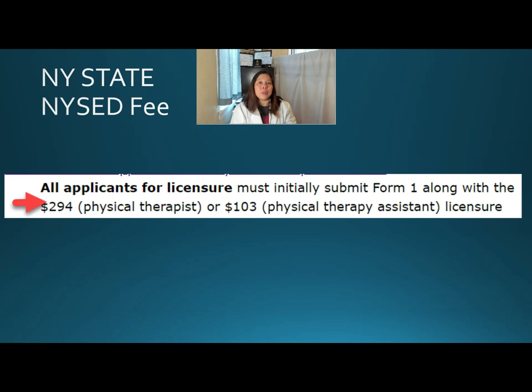You have to pay the fee for the New York State Board of Physical Therapy. Currently the fee for New York is $294 for physical therapists, and $103 for physical therapy assistants, okay?